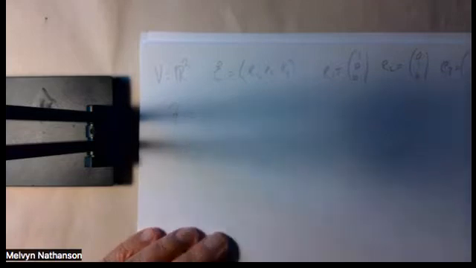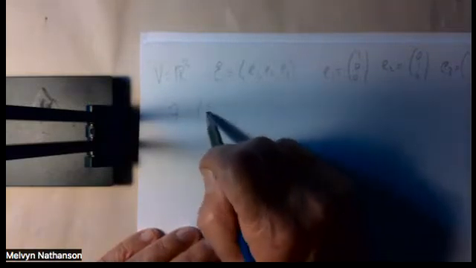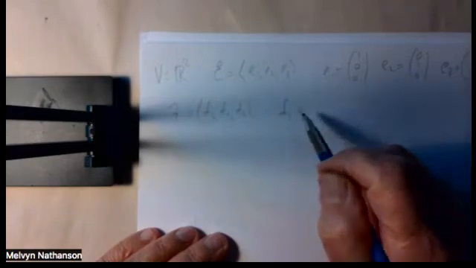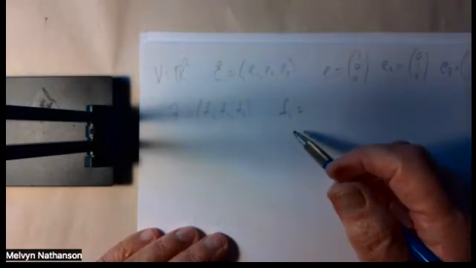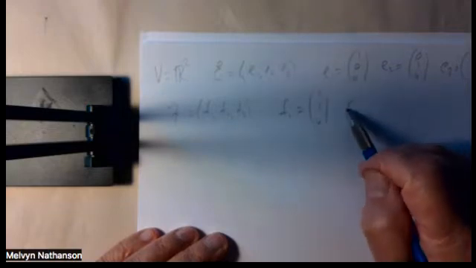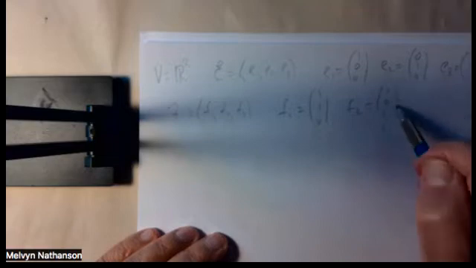And let me take another basis. I'll call it F. This basis will have as its basis vectors F1, F2, F3. So F1 is the vector 1, 1, 0. F2 is the vector 1, 0, 1.